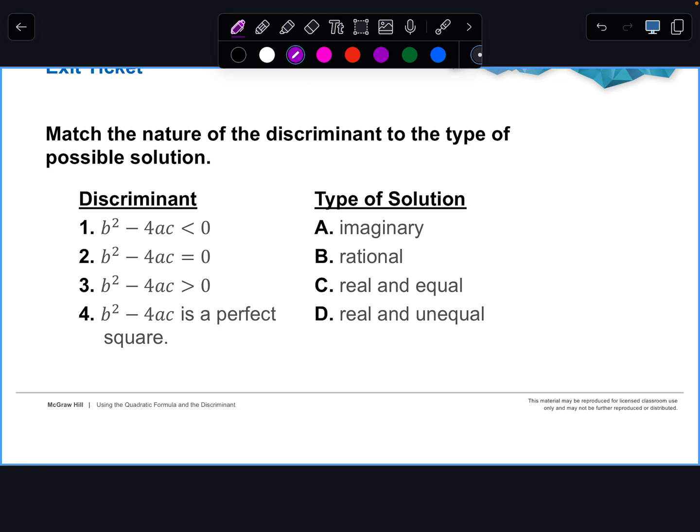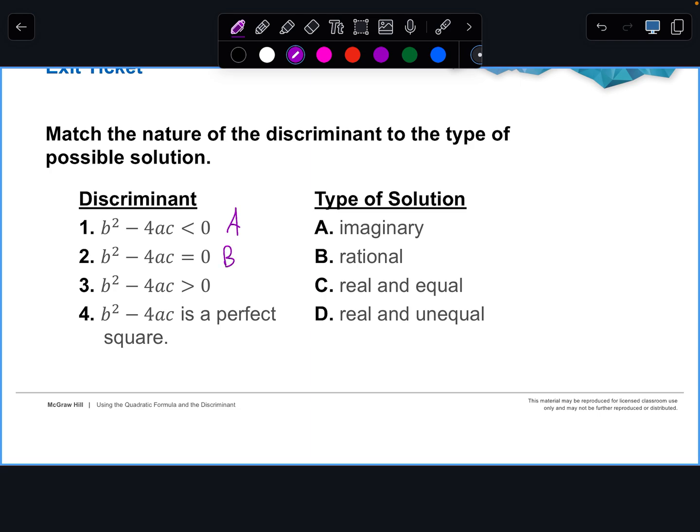Number 1. B squared minus 4AC is less than 0. What type of solution will I have? Imaginary. B squared minus 4AC equals 0. What kind of solution will I have? Rational.